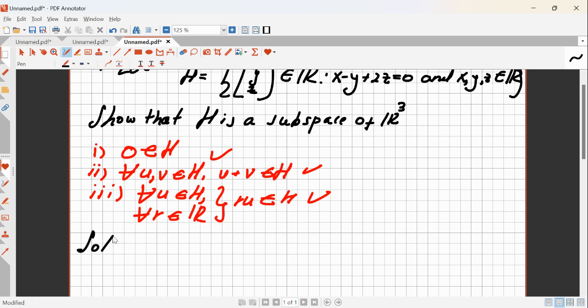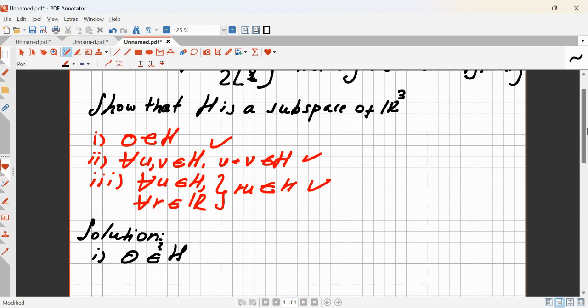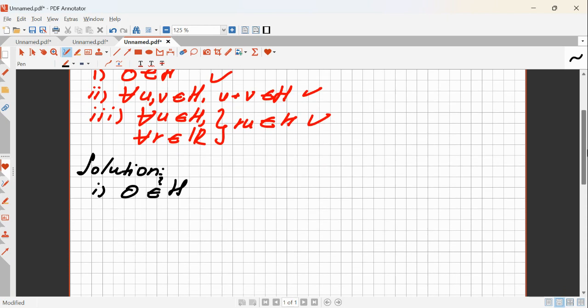Solution. So the first one, I just put a question mark, like we are wondering, is it satisfied or not? So let's imagine that 0 is a matrix with three elements, zeros as well.